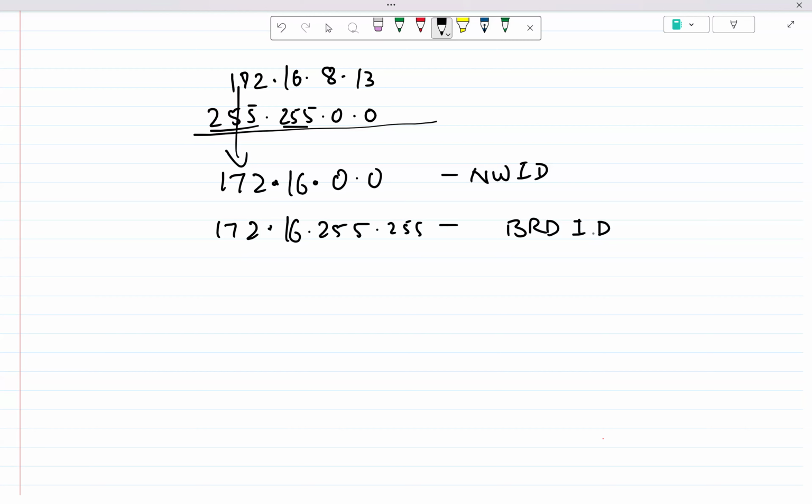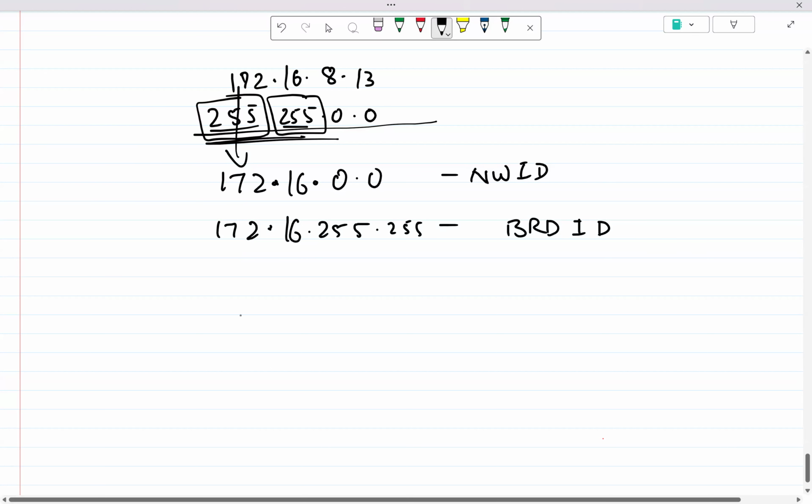Now, as I said, till now we saw the calculation of network ID and broadcast ID with the simple address mask, where in the address mask you only have 255, right? And in real time, these 255s may not be there. You may find an address mask like 255.255.192.0. In such situations, what will be the network ID and what will be the broadcast ID?